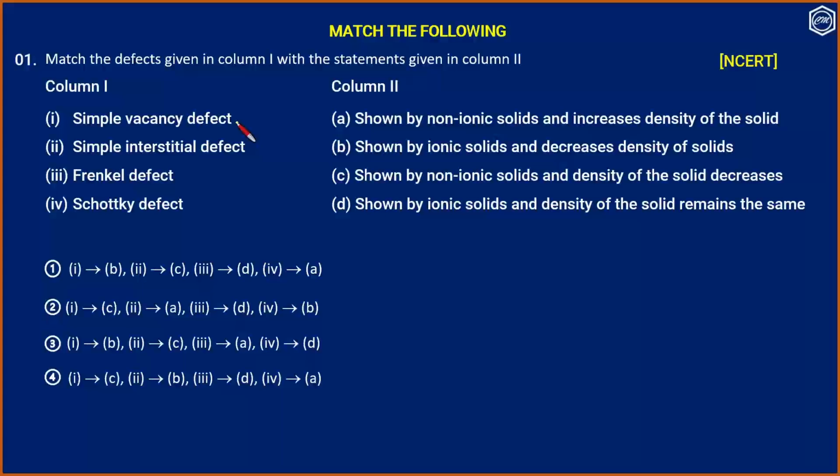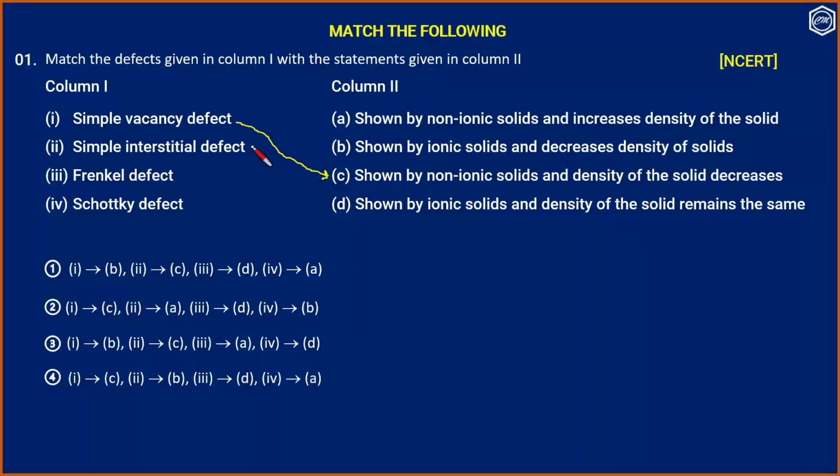So we can connect 1 to C. Second one is interstitial defect, shown by non-ionic solids, and it increases the density of the solid.